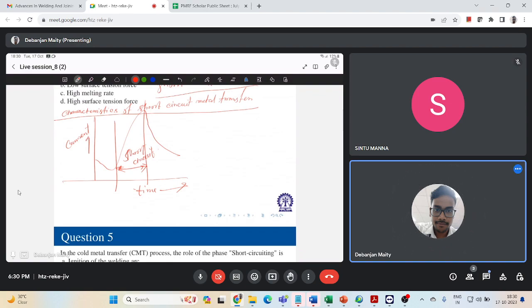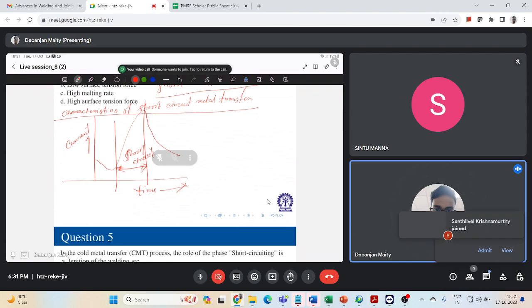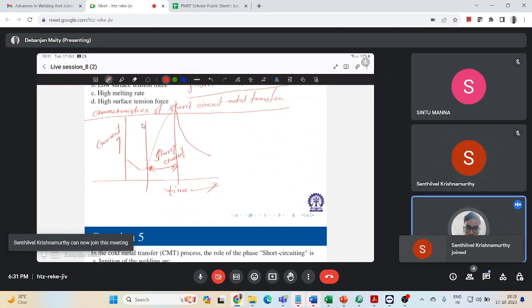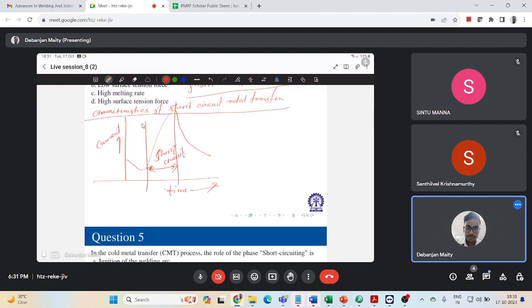While globular transfer and spray transfer are not suitable for printing, maybe in a cold metal transfer power source, if you think of the metal transfer when you are using cold metal transfer, it also works at a reduced welding current, and here you are retracting the weld wire at a short circuit condition.